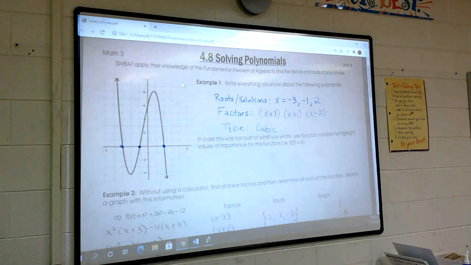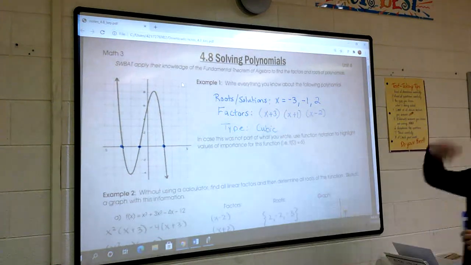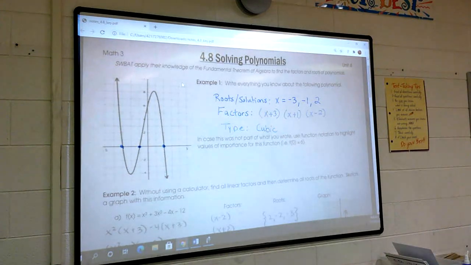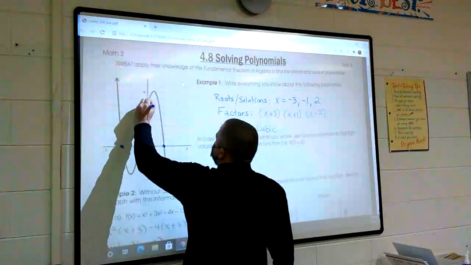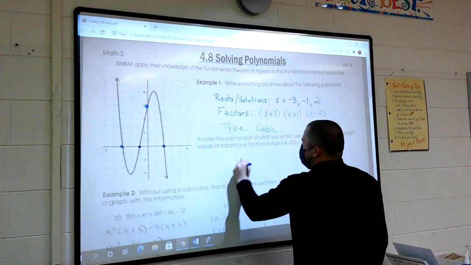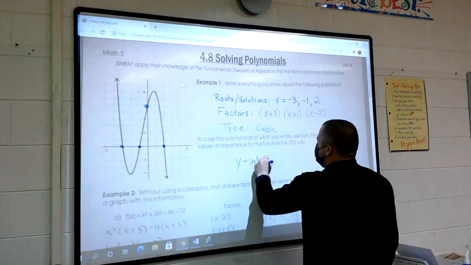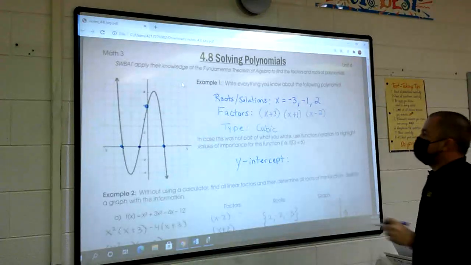Now, one other thing that it says, in case this was not part of what you wrote, because it wasn't, use function notation to highlight values of importance. So f of 0 equals 6. So what they're saying is that this is the y-intercept, where it crosses the y-axis. They've asked that a couple times. That is at 6.